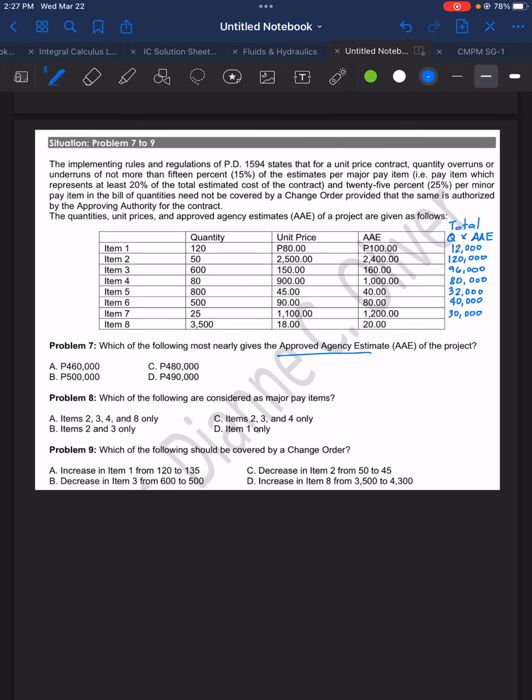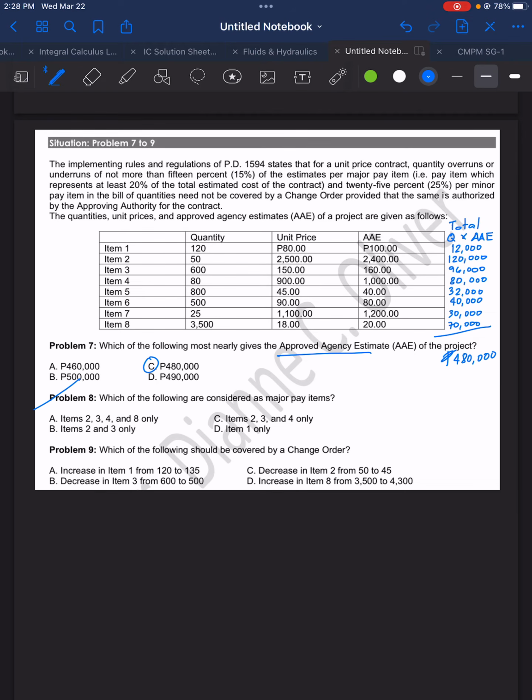And item 8, that is 3,500 times 20, that will be 70,000. Okay. And if we get the total, that is 12,000 plus 120,000 plus 96,000 plus 80,000, 32,000, 40,000, 30,000, and then 70,000. The total here is 480,000 pesos. And that 480,000 is the AAE of the project. So the answer for problem 7 is letter C.